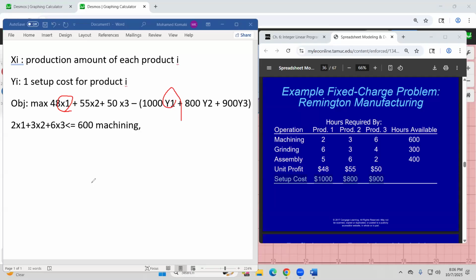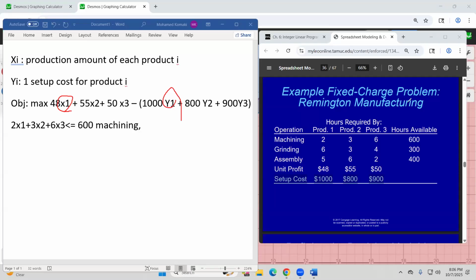Can you just come up with some ideas? So I want to establish a relationship between x1 and y1. I want to make sure x1 is 0 if y1 is 0.